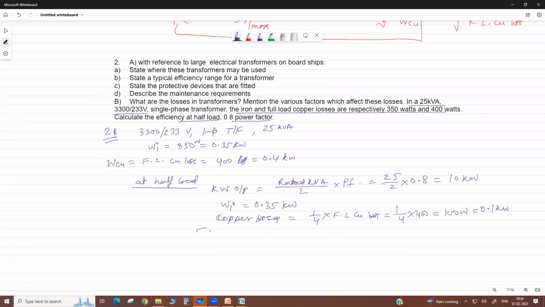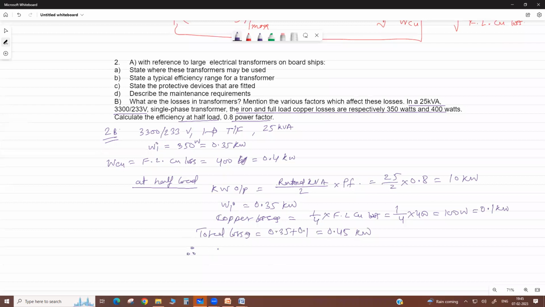And total losses are 0.35 plus 0.1, which is 0.45 kilowatt.